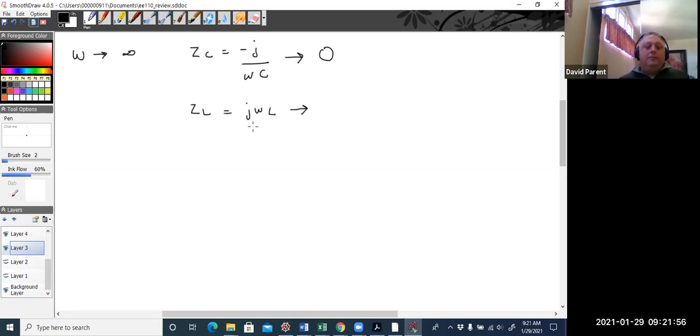And if ZL, if omega is going towards infinity, right, ZL is headed towards infinity. So we have our open circuit where the inductor used to be, and we have our short circuit where the capacitor used to be.